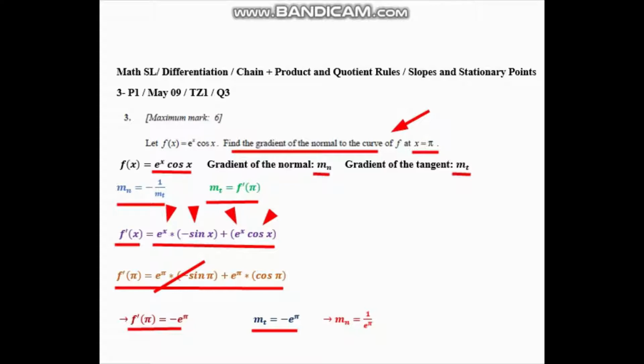The slope of the tangent was negative, so I'm going to switch the sign. The negative of the negative gives me a positive value. So I go from negative to positive, and I go from numerator to denominator. Since it's negative 1 over mt, I simply switch the sign and flip my variable. So I have, instead of negative e to the power of pi, positive 1 over e to the power of pi.